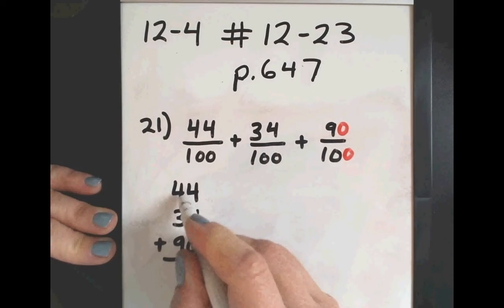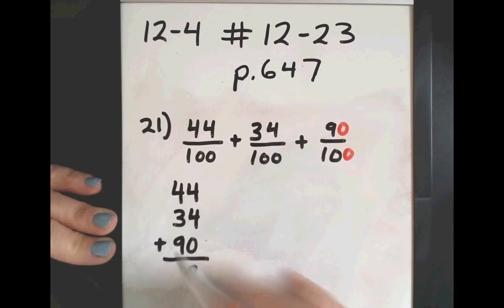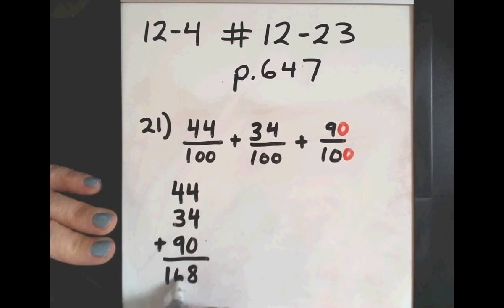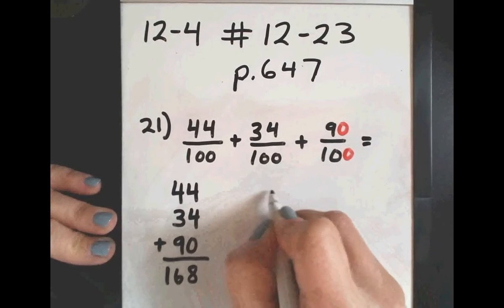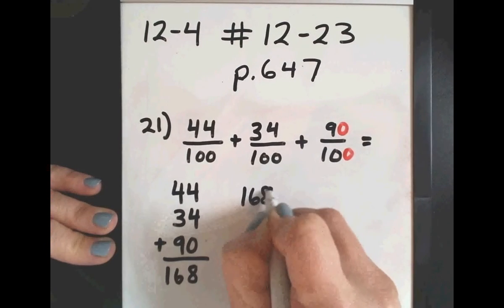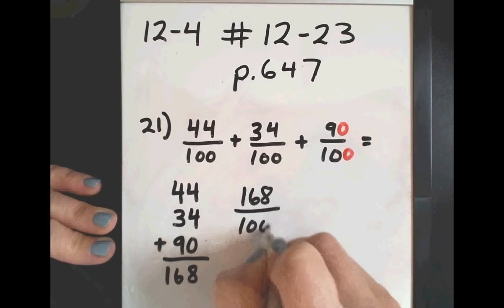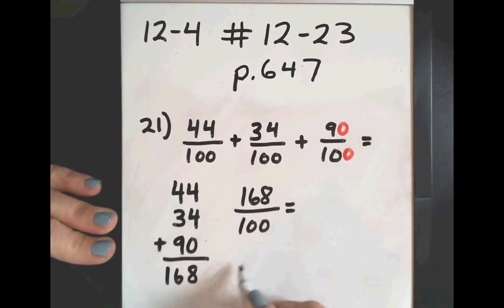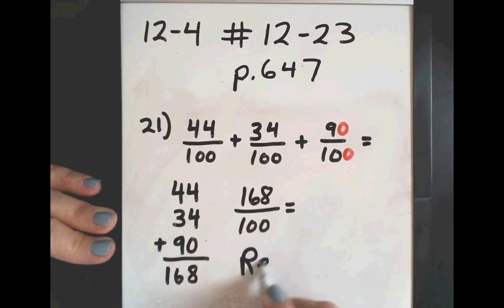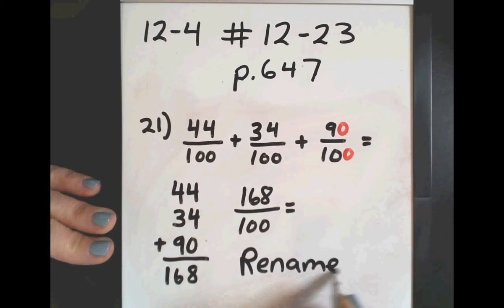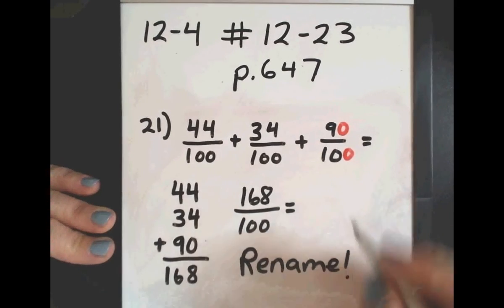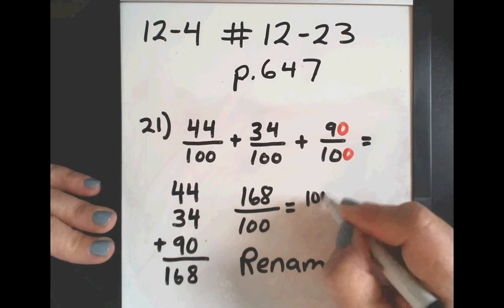4 plus 4 is 8. 4 plus 3 is 7, and 7 plus 9 is 16. So my new numerator is 168 and my denominator is 100. And then I need to rename because my numerator is more than my denominator.